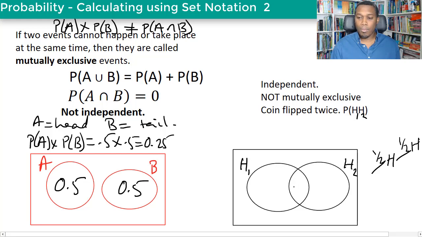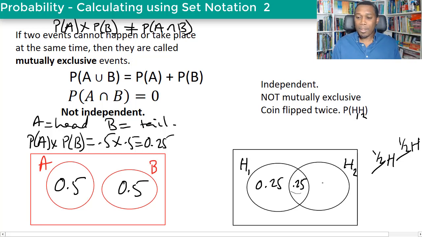It's a quarter, 0.25. The probability of getting a head the first time was a half, so the whole circle for heads the first time would be 0.25 and 0.25, which gives me the 0.5 representing head the first time.